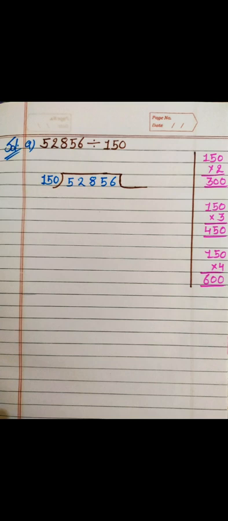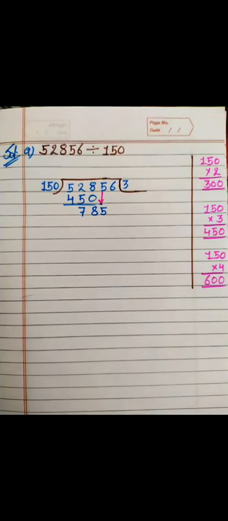The divisor 150 has 3 digits, so we have to recite the table in 3 digits: 150 times 2 is 300, 150 times 3 is 450, and 150 times 4 is 600, which is greater than 528. So we will take 150 times 3, 450. After subtraction, we get 78, and then we bring down the next number, 5.